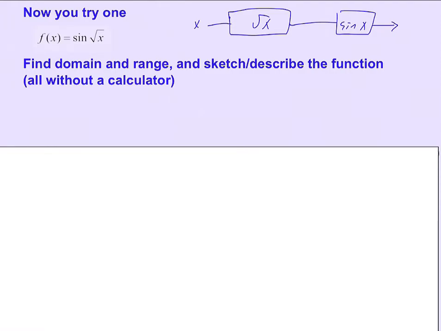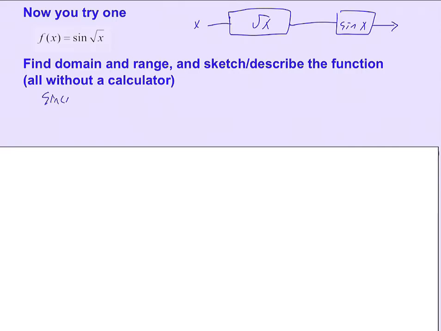Okay, this one's actually a little bit easier to find the domain because there are no domain restrictions on the sine of x. There's no gatekeeper there. There's no bouncer at the door telling me what can't get into the second door, so I don't care what comes out of the first box. Anything can come out of the square root of x, I don't care. Which means we just have to worry about the first gate, the first domain restriction.